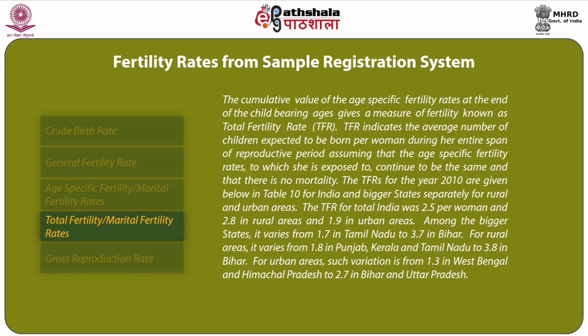For rural areas, it varies from 1.8 in Punjab, Kerala and Tamil Nadu to 3.8 in Bihar. For urban areas, the variation is from 1.3 in West Bengal and Himachal Pradesh to a higher level of 2.7 in the states of Bihar and Uttar Pradesh.